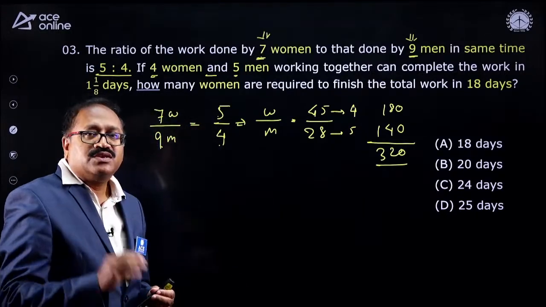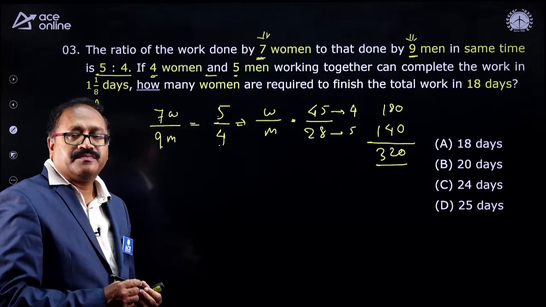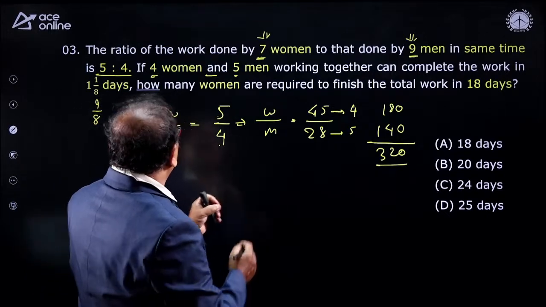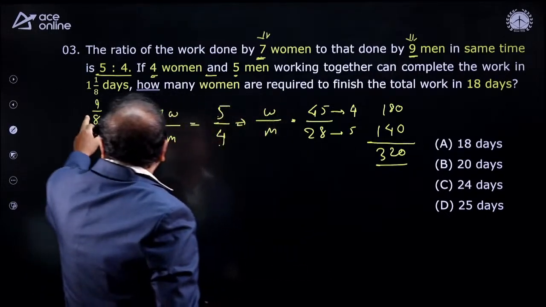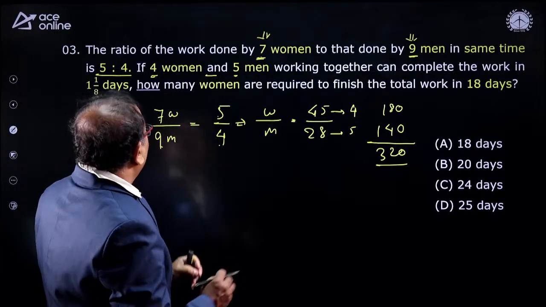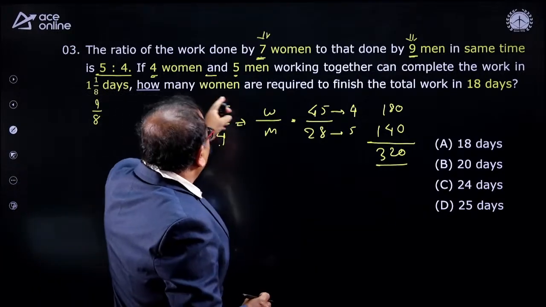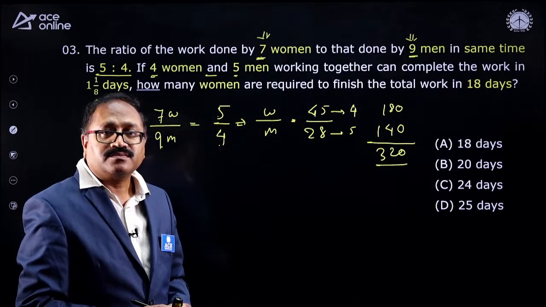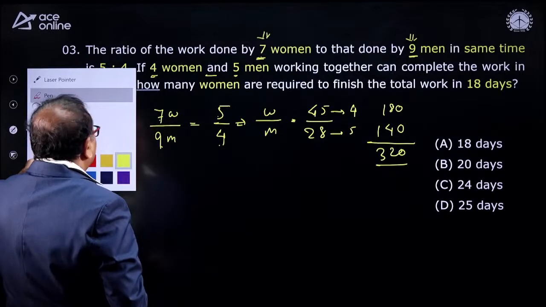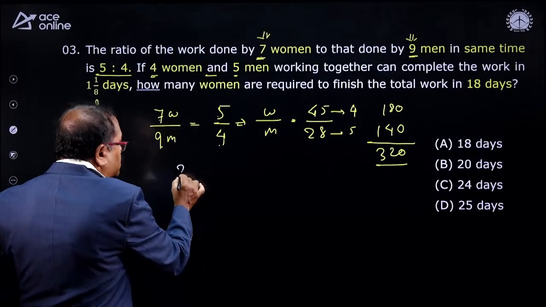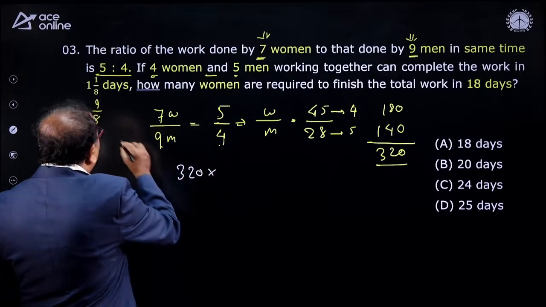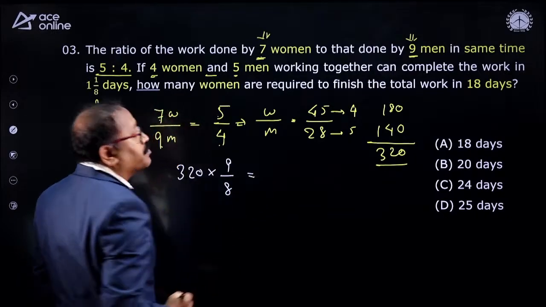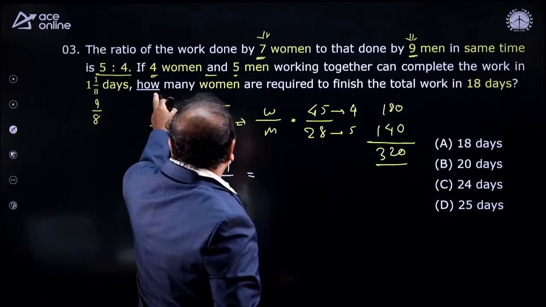Now from here onwards, you think how to answer the question. And it's a very interesting question. We know that this volume of the work is completed in these many days. Now your question is: how many women are required to finish the work in 18 days? So this volume of the work is 320 into the number of days, that is 9 by 8, which is equal to how many women?